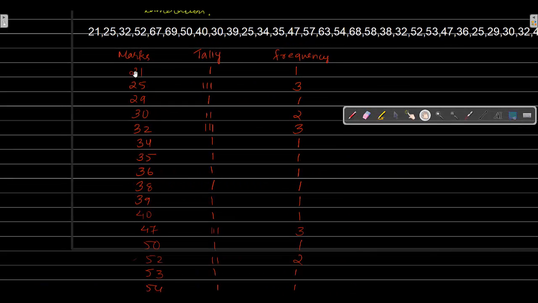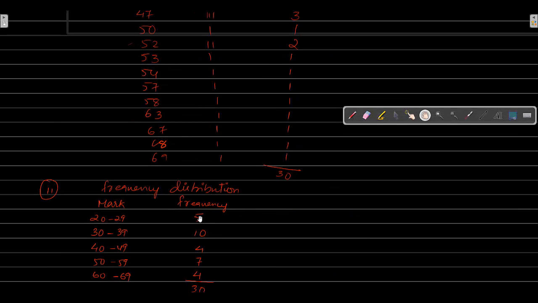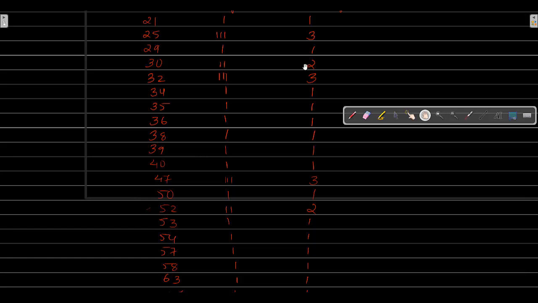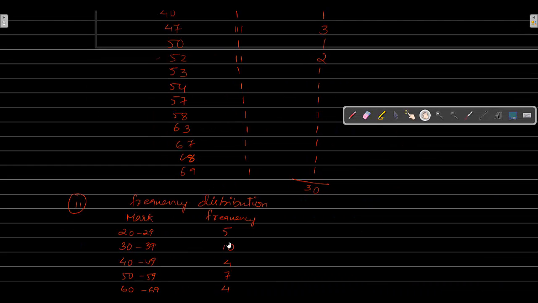If you see here, 21, 25, 29. Since it is inclusive, we can take all these numbers: 1, 3, 4, 5. So I've written 5 here. 30 to 39 is 10. If you count from 30 till 39, it is 10, so I've written down 10 here.